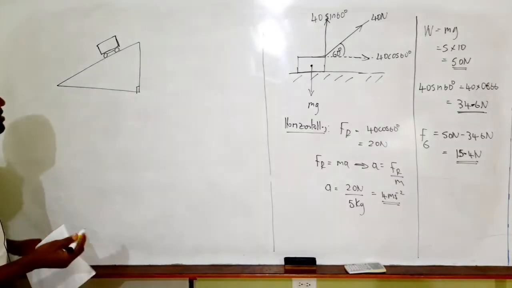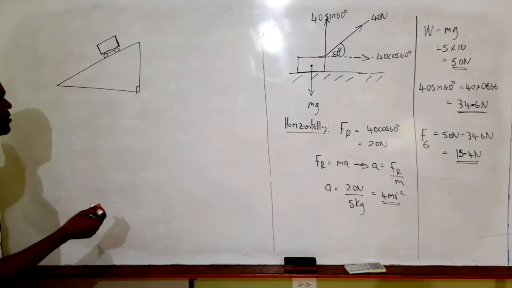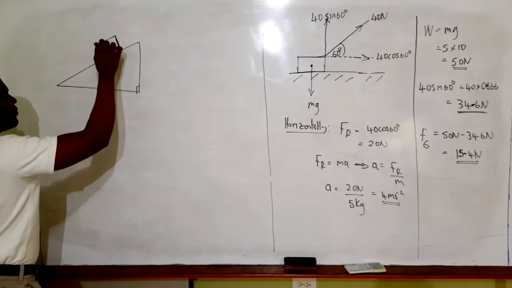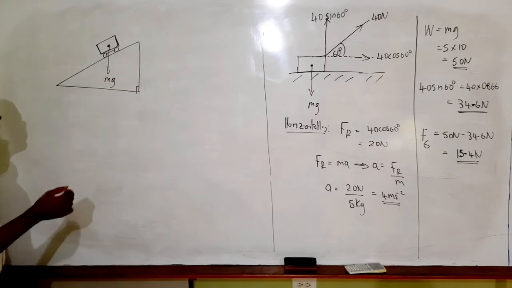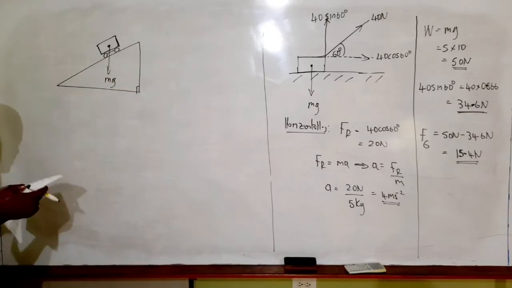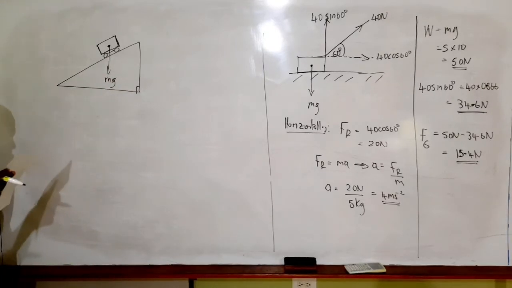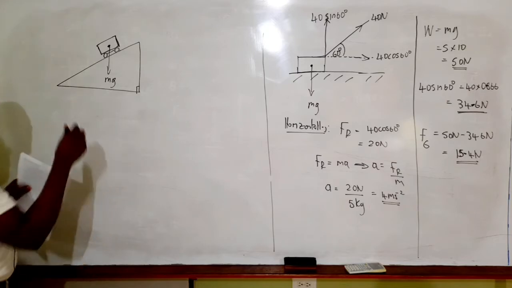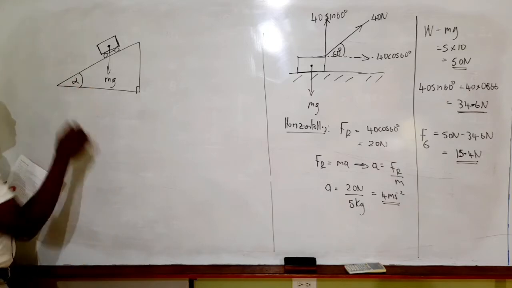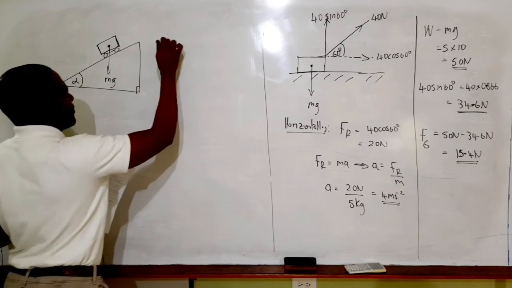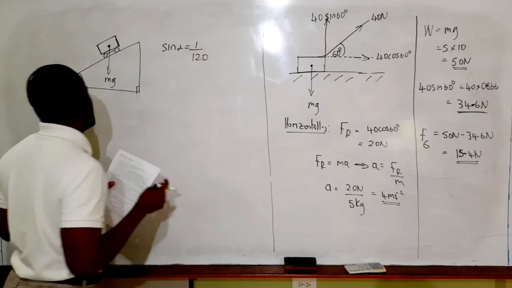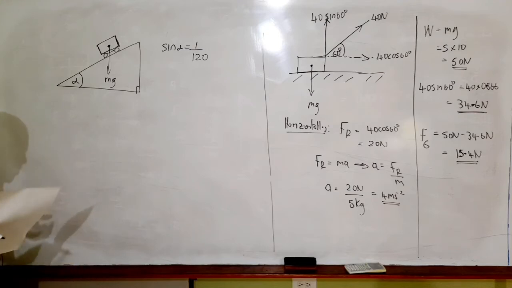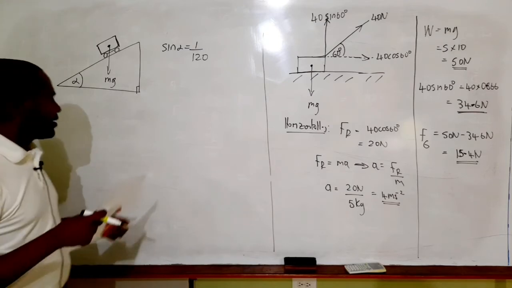But before we put the acceleration, let's examine the forces acting on the truck. We always have the weight which acts vertically downwards, and we're told that the incline is at an angle alpha. The angle alpha is such that sine alpha is equal to 1 over 120. So we're not given the angle, but we're given the sine of the angle, right?